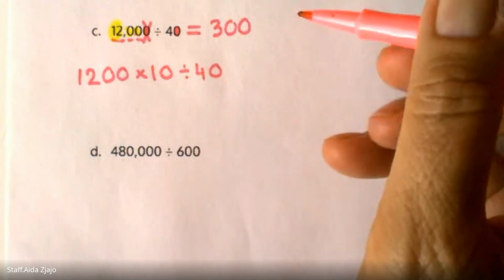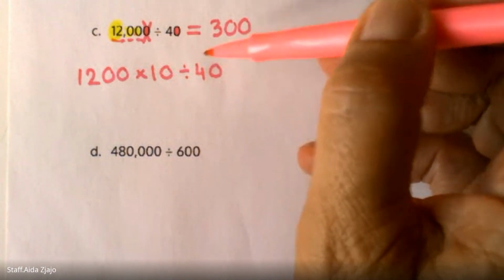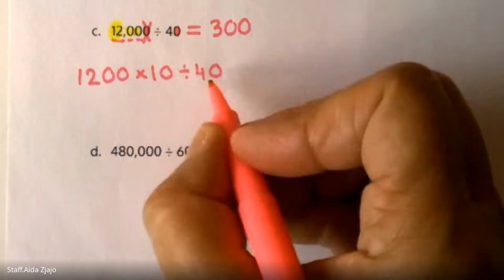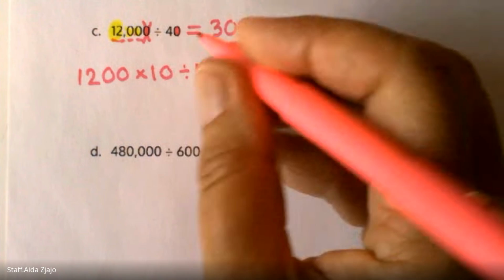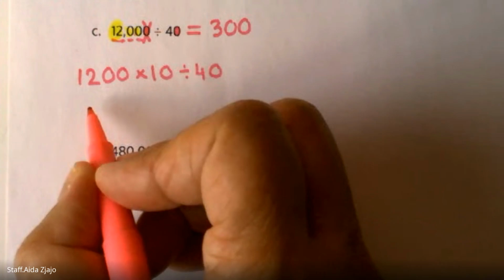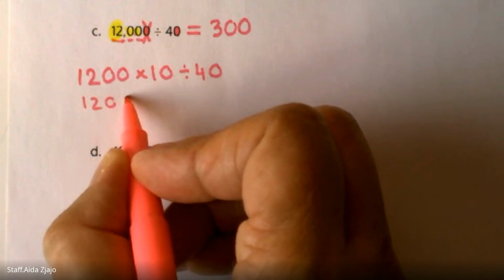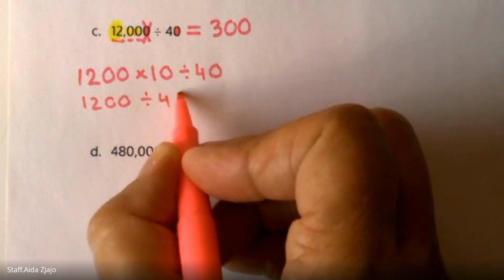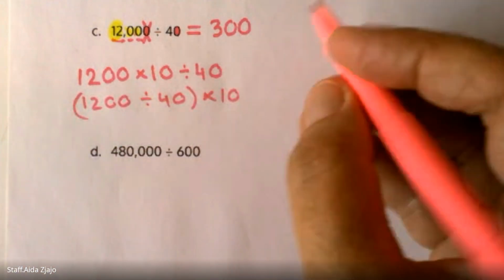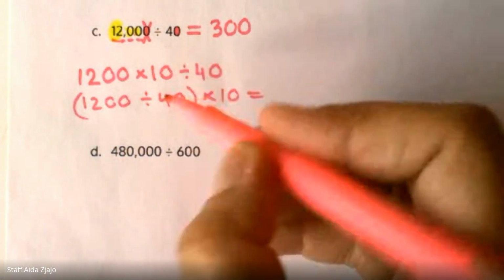So that means we can also divide the 40 as 4 times 10. I'm sorry, I should put this 4 times 10, but that's okay. Anyway, you can think also to do this way: 1200 divided by 40, and then you're going to times by 10 if you like that. That could work. Let's see a different approach to it.